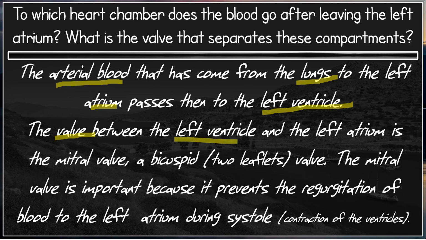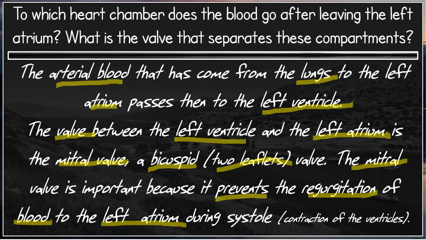The valve between the left ventricle and the left atrium is the mitral valve, a bicuspid, 2-leaflet valve. The mitral valve is important because it prevents the regurgitation of the blood to the left atrium during systole, that is the contraction of the ventricles.